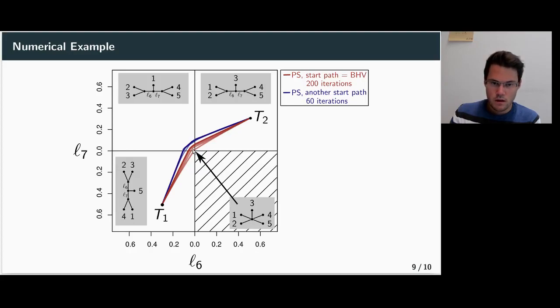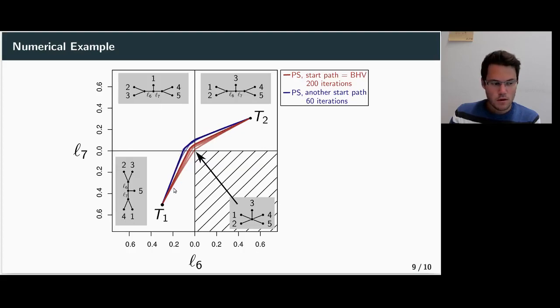And you see that it actually diverges from this cone path here, and it actually converges to something that goes through a third tree structure, which is depicted here. And as another example, we started with another more sophisticated guess, and we also performed some iterations, and it seems that this was already a kind of a good guess.